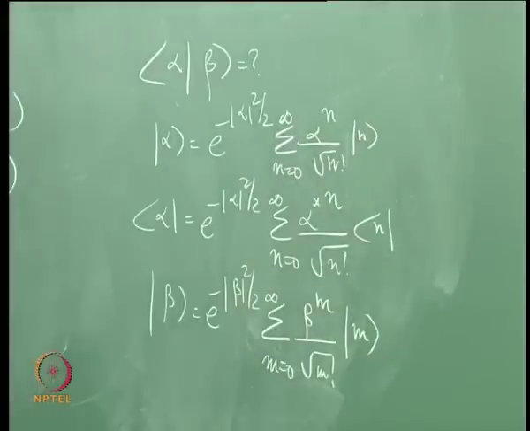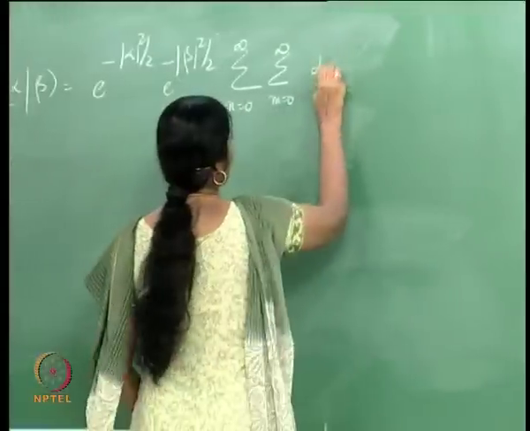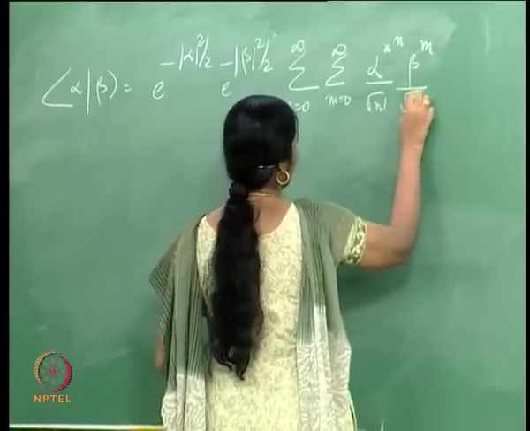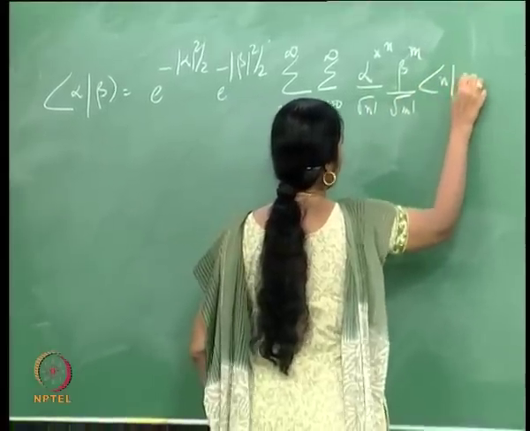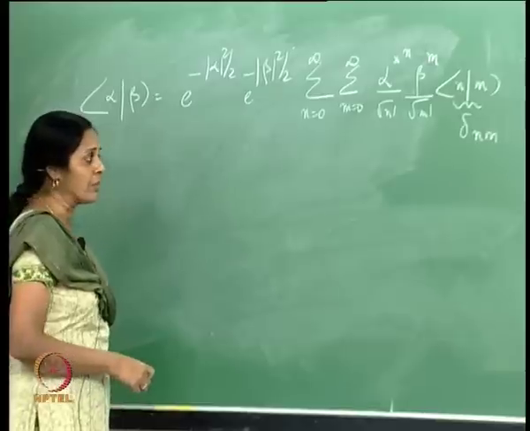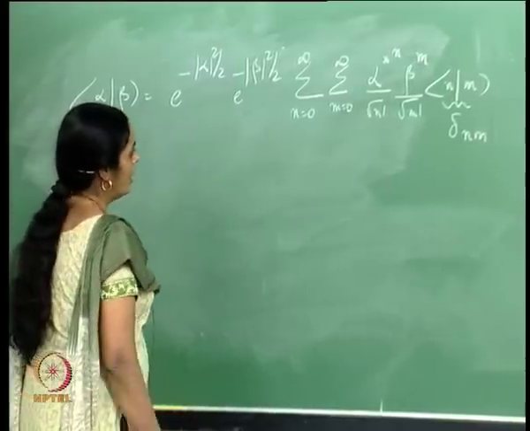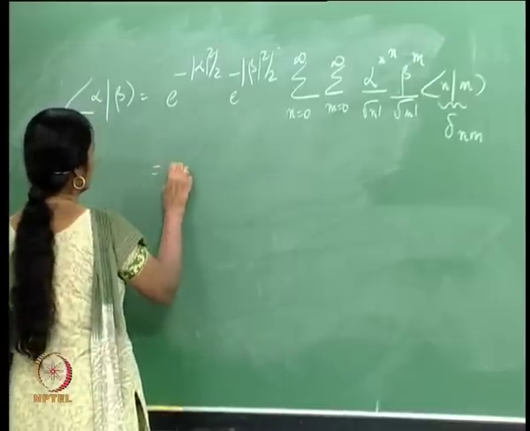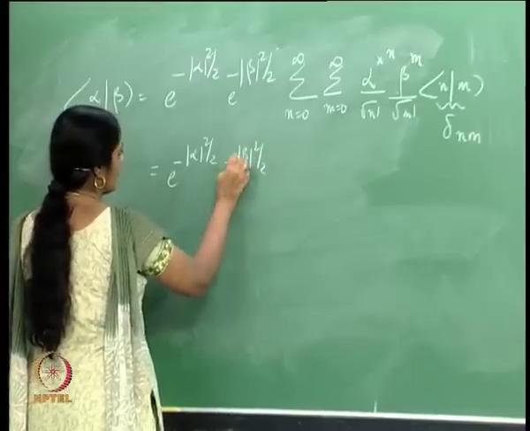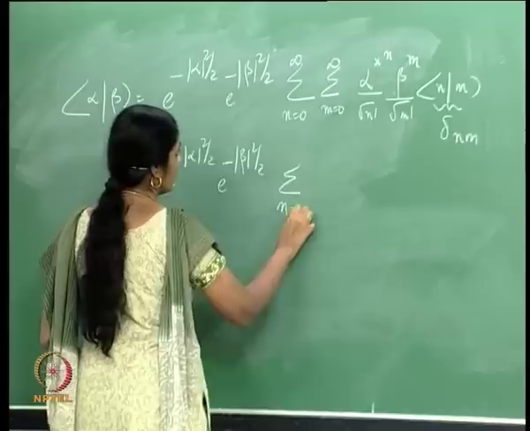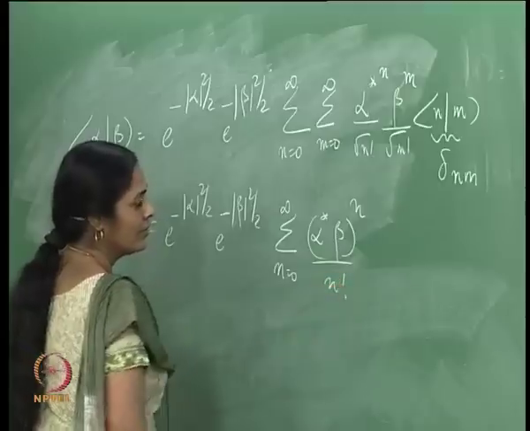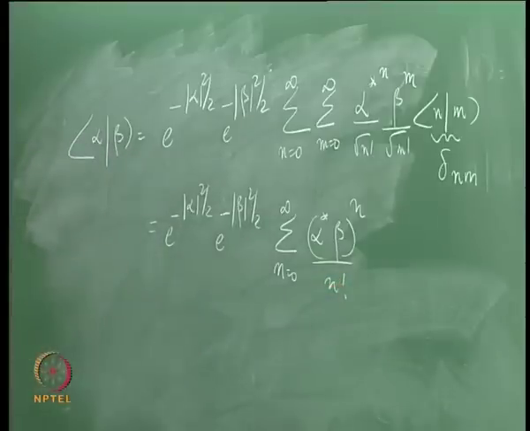And since there was a bra alpha, there is an alpha star to the n, beta to the m by root n factorial, root m factorial, bra n ket m, and as before this gives me a delta nm, which means I can remove one of the summations and perhaps replace all m's by n's. Alpha star beta to the power of n by n factorial, and that is all I have. I need to simplify this.